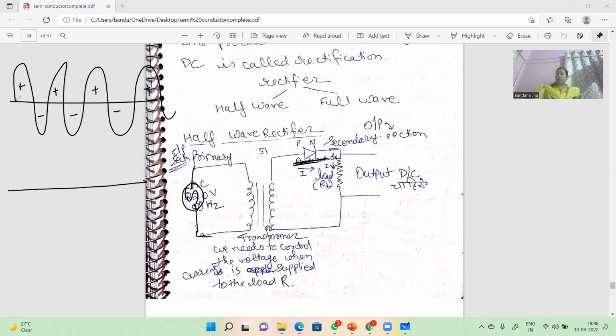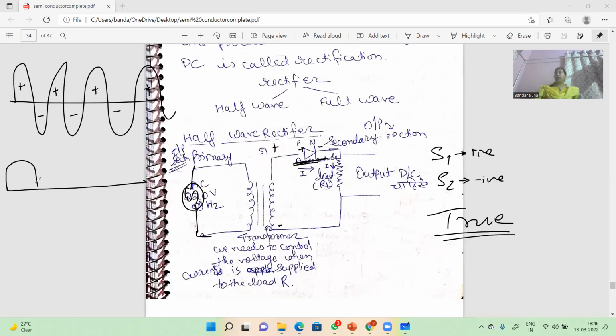When we are talking about the positive wave, it means S1 will become positive and S2 will become negative. So this is positive and this one is negative. It means this is a true connection, forward bias. Correct? It means current will flow.